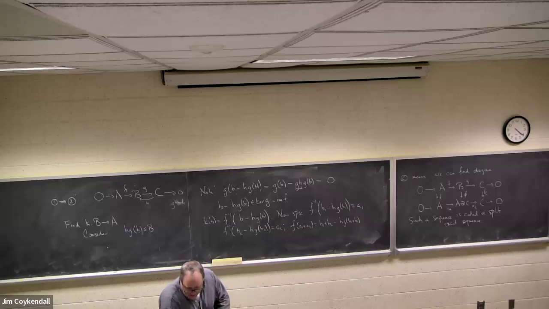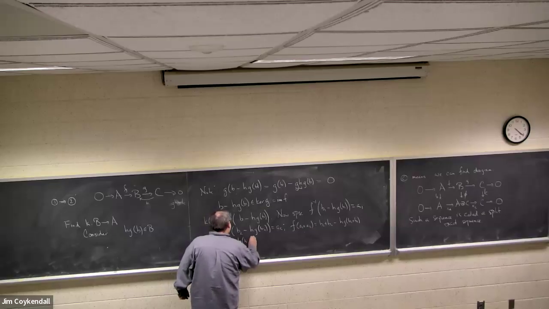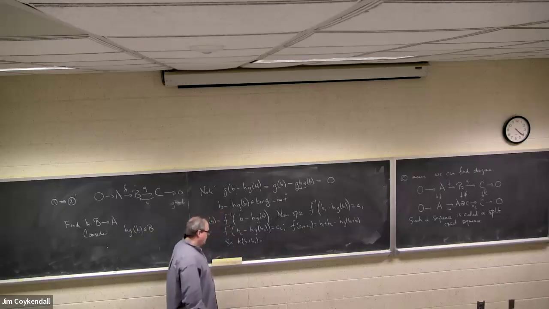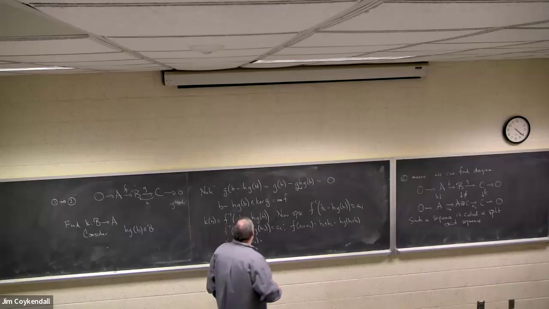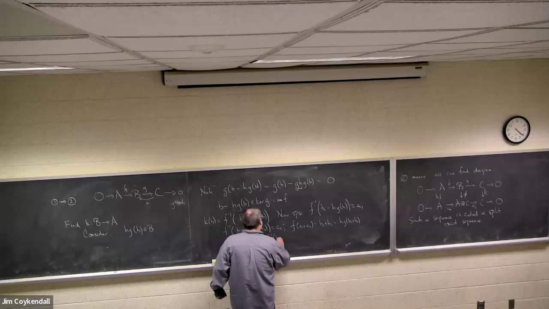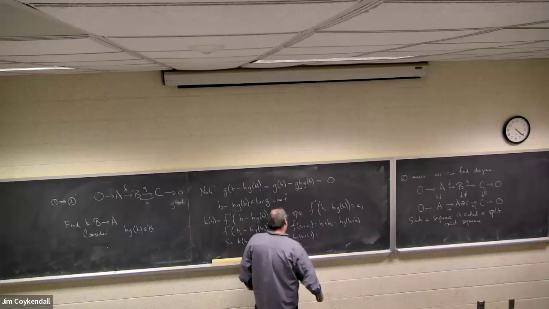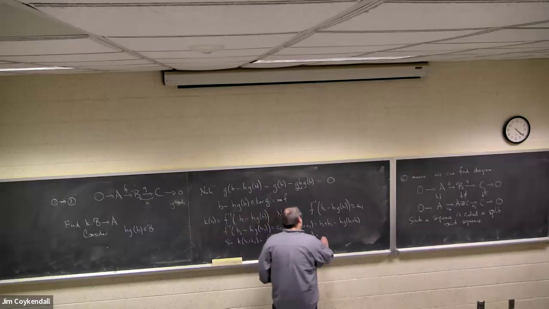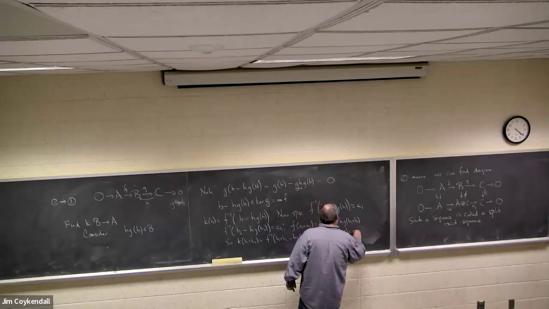So we have that K of B1 plus B2 is equal to F inverse of this mass minus HG of B1 plus B2, which equals F inverse F of A1 plus A2, which is A1 plus A2.